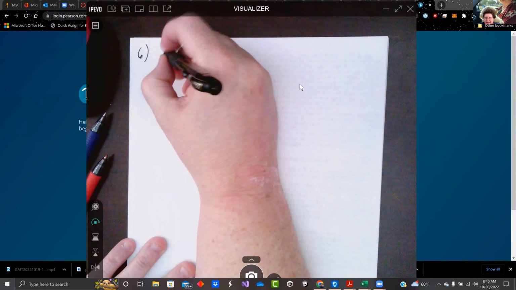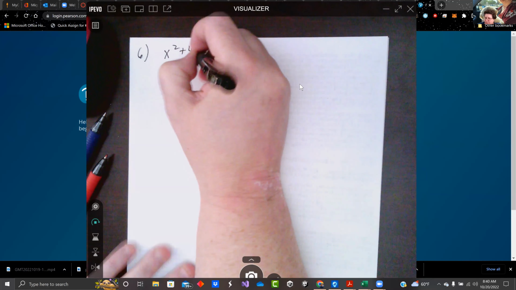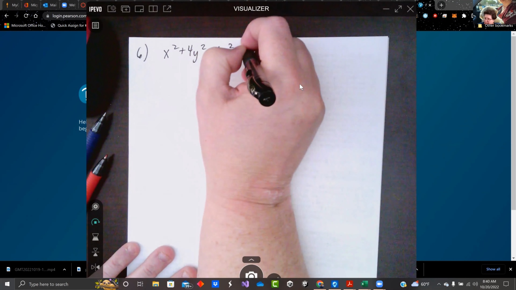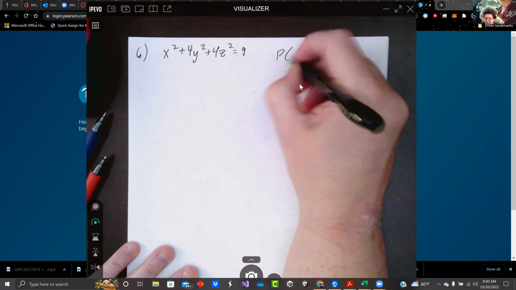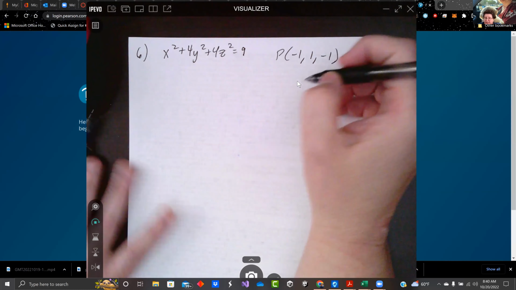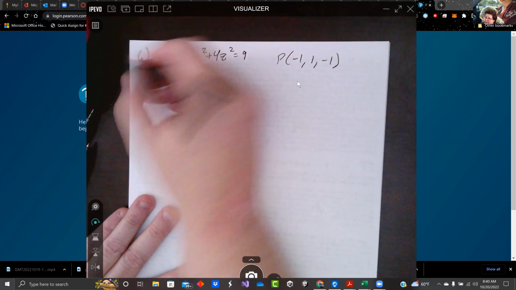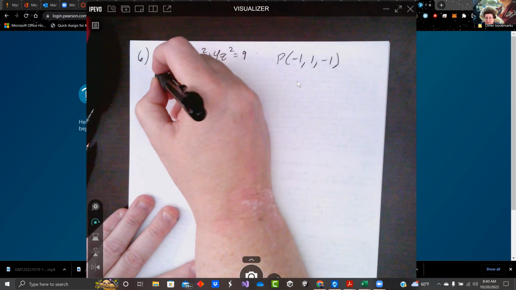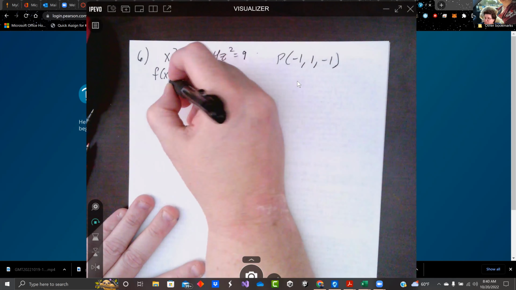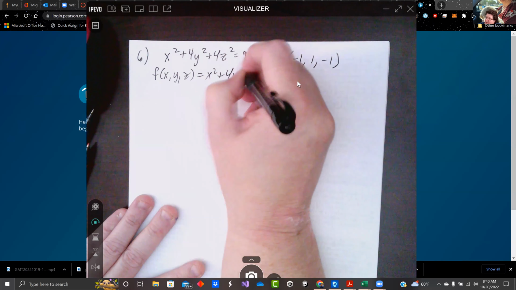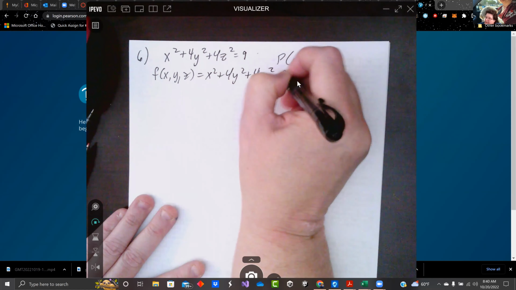So we want to find the tangent plane to x squared plus 4y squared plus 4z squared equals 9 at P is (-1, 1, -1) by using the gradient. If we call this f, f of x, y, z is x squared plus 4y squared plus 4z squared minus 9.